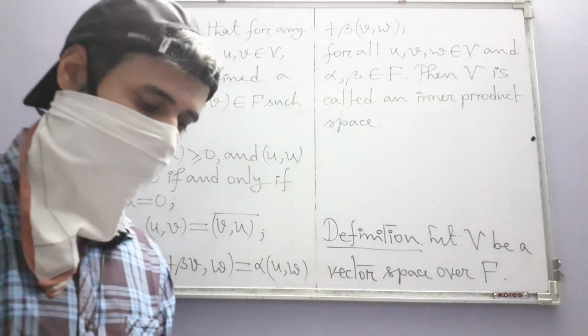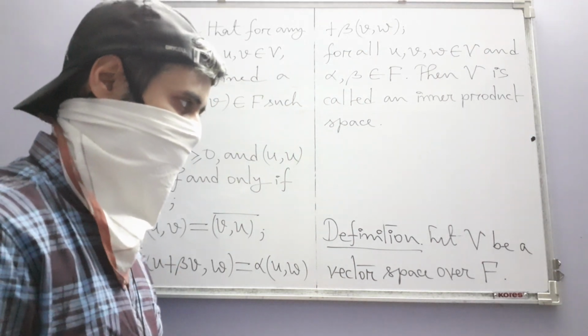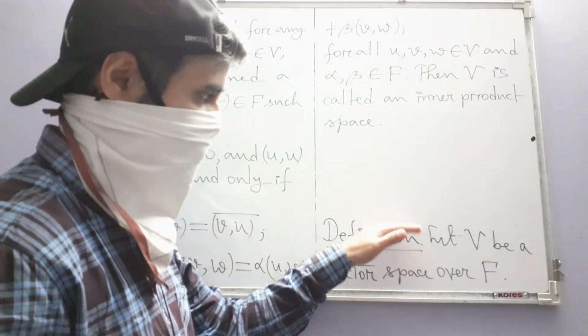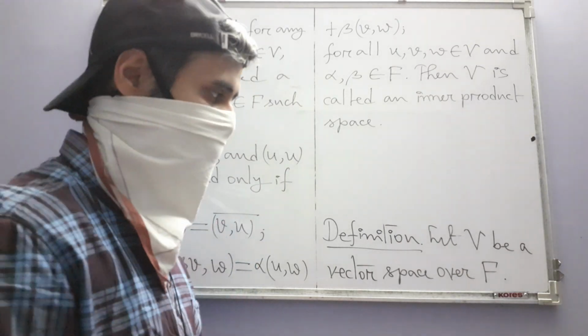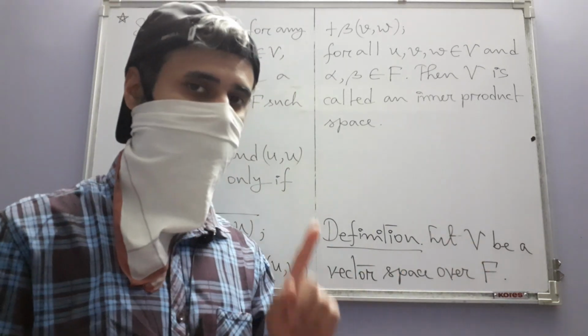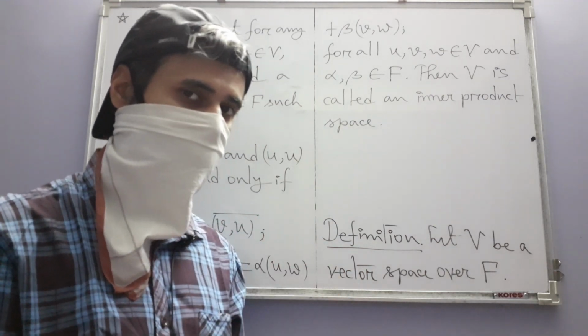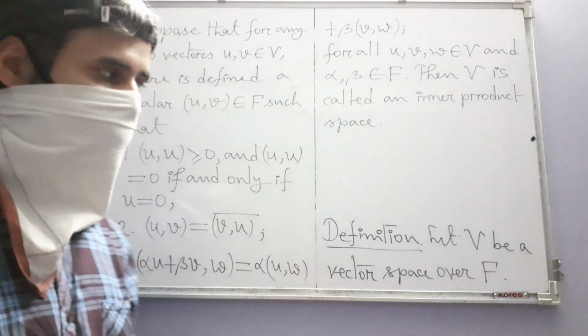So what the definition says is that V is a vector space over F. If you follow the text, before the definition, the author repeats that for us F is not any F, but F is either R or C, because otherwise these conditions will be meaningless.